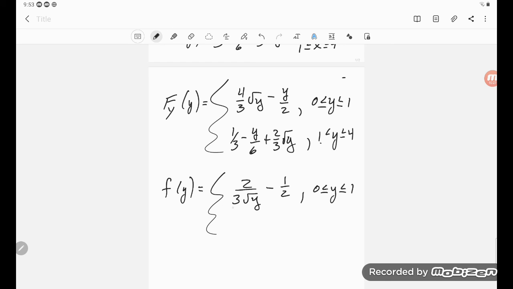And the 1/3 goes away on the bottom, and 2/3, so I get 1/3 square root of y for this part here, and then a minus 1/6 for 1 less than y less than or equal to 4. And so that is 9D.